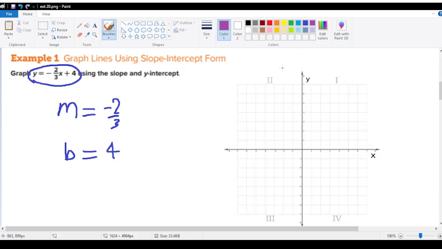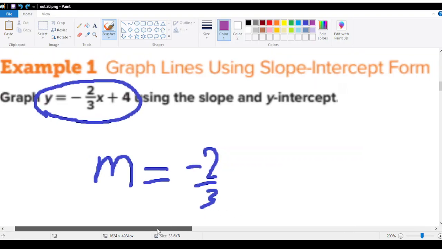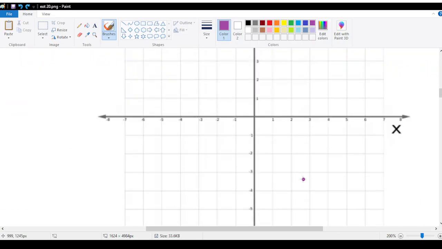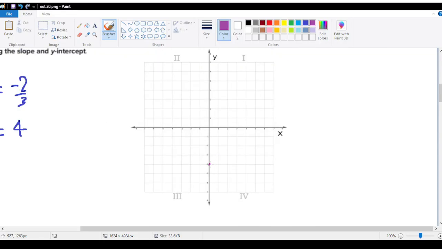Now, let's find the y-intercept. Y-intercept is very easy. Let's put a point on the y-axis, specifically on where? Where should we put it, Shamsa? On 4. Yeah, let's go to the 4. So, what do you think? Is that right? No, it's not right. Why?